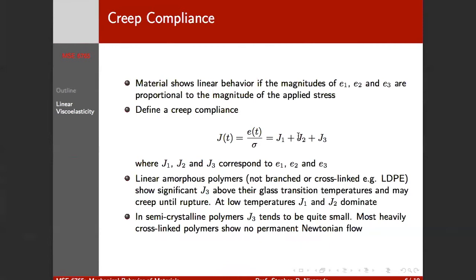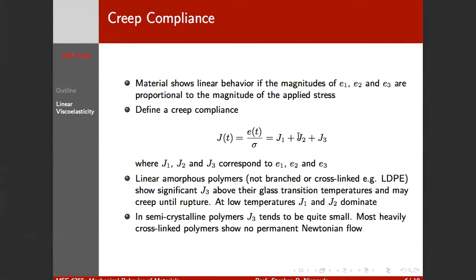If we have linear polymers that don't have a lot of branching or cross-linking, such as low-density polyethylene, we have a significant permanent plastic set here. At temperatures above the glass transition, this J3 term dominates. At low temperatures, J1 and J2 are important.